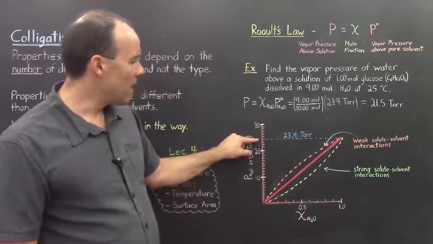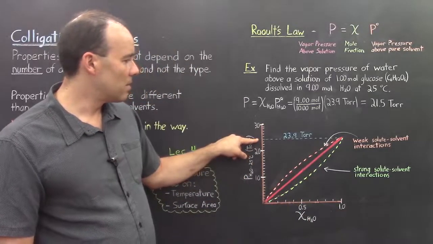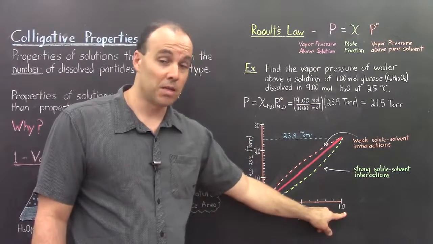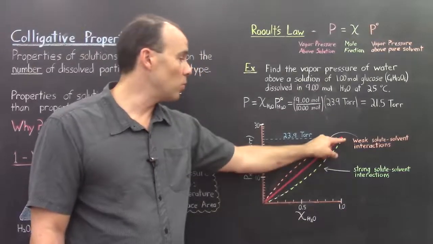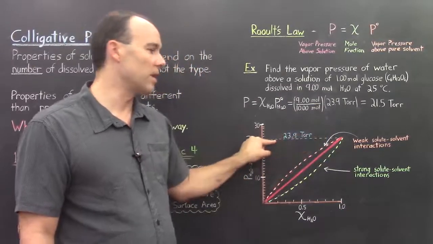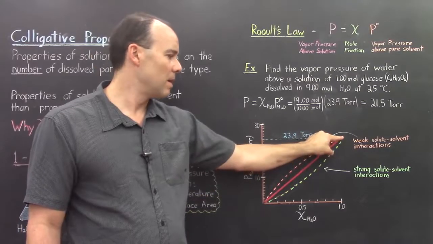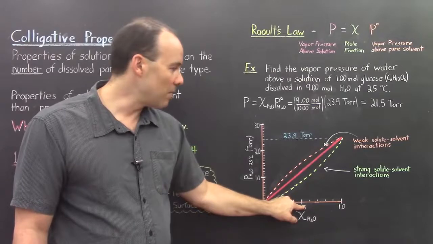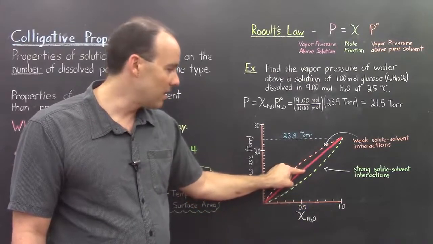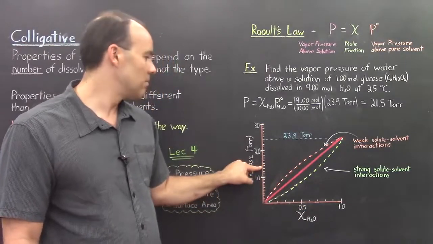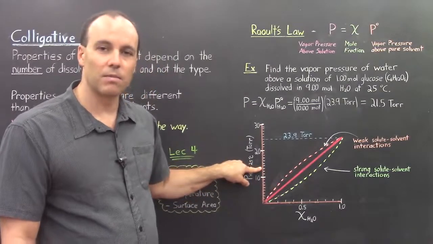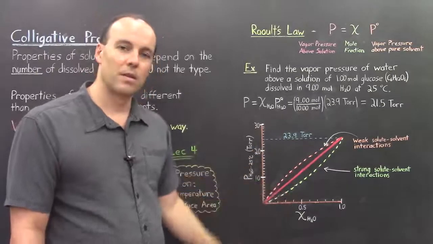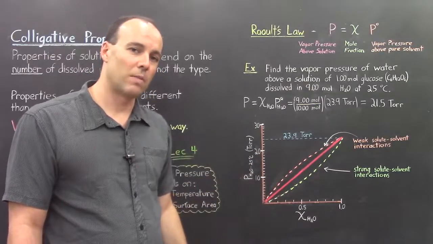So for instance, at a mole fraction of 1, meaning it's pure water, the vapor pressure would be 23.9 torr, so that's this blue line. But at a mole fraction of 0.5, you go up to this solid pink line, and the vapor pressure would only be about 13, 12 maybe.